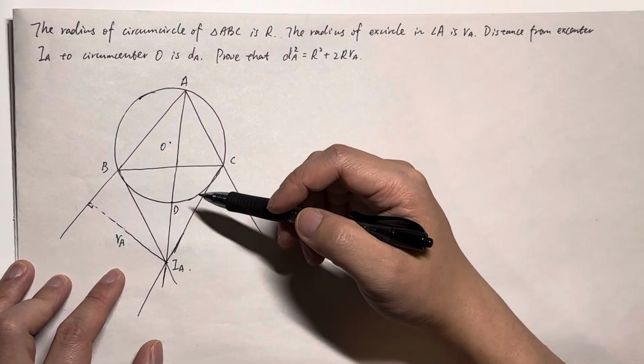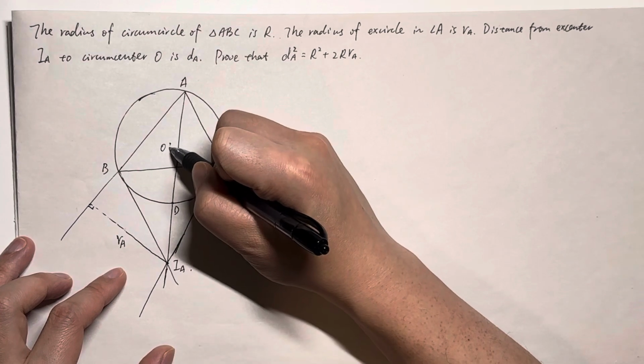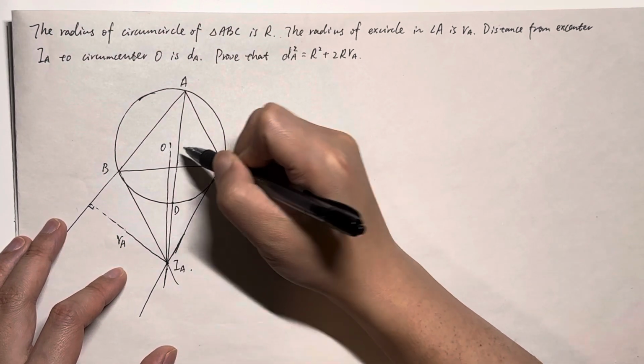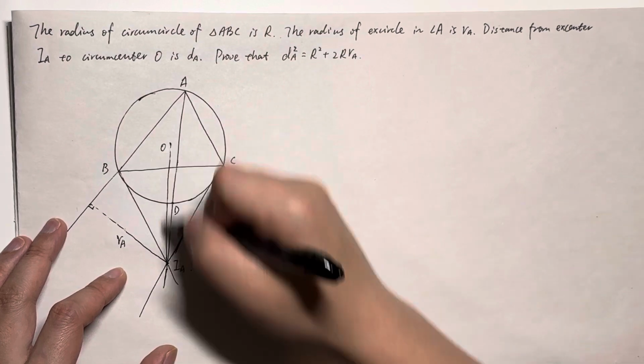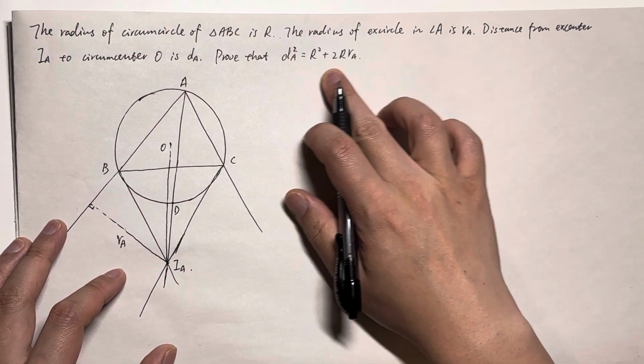And we want to find the distance from O to IA. We call this distance dA, and we want to prove that dA squared equals 2R squared plus 2R times RA.